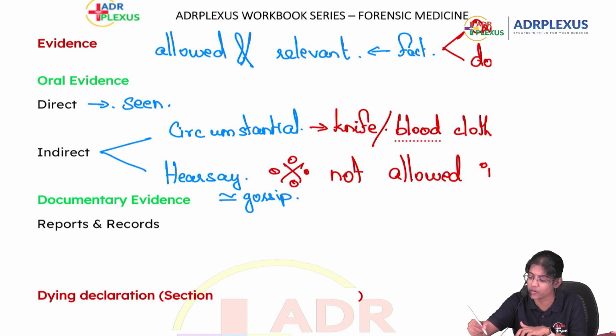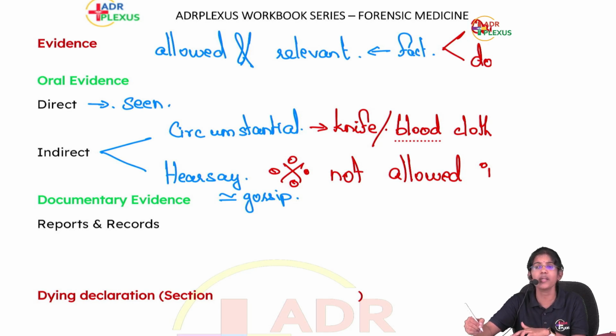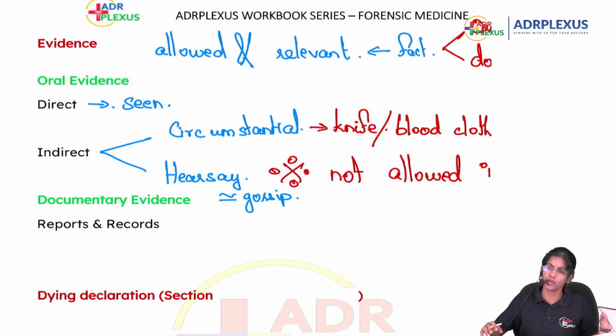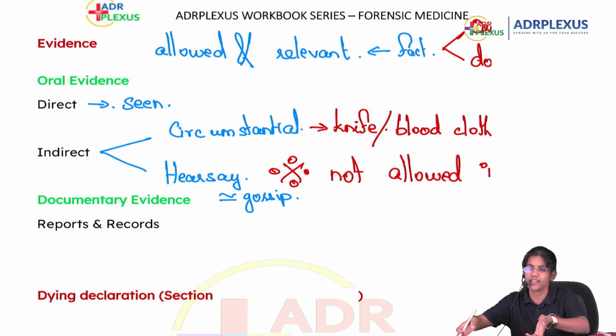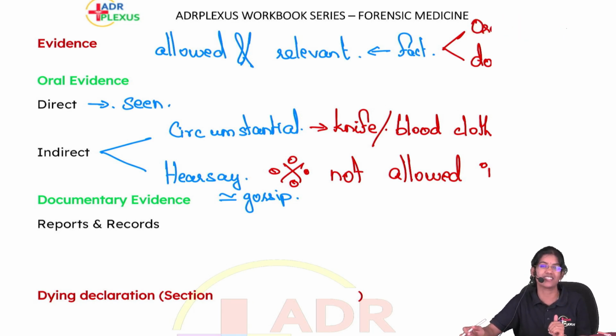Okay, now let's look into our documentary evidence. When we say documentary, we are not just talking about written documents, in a book or a written document in the iPad. No, we are also talking about the CCTVs, right?